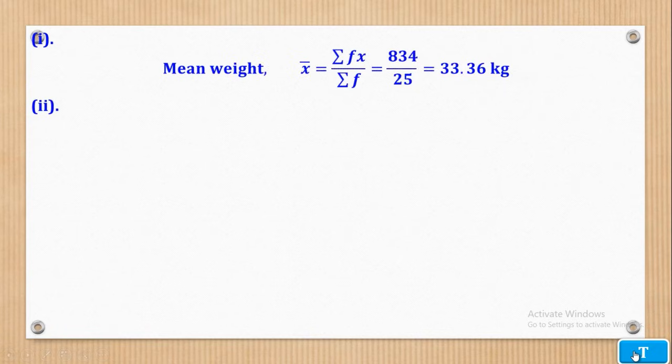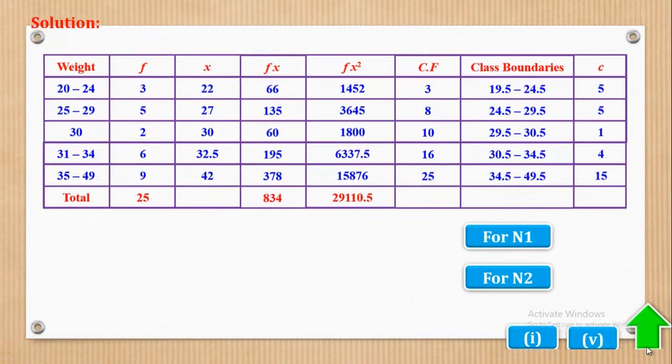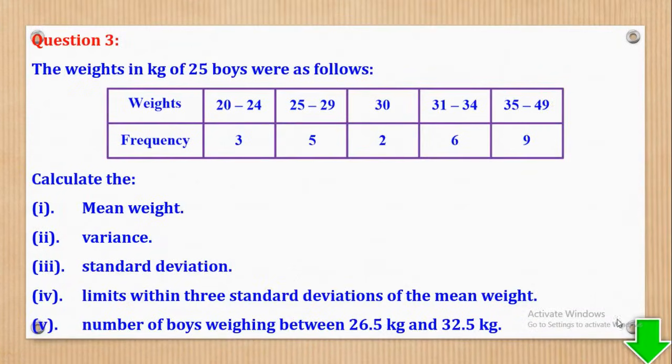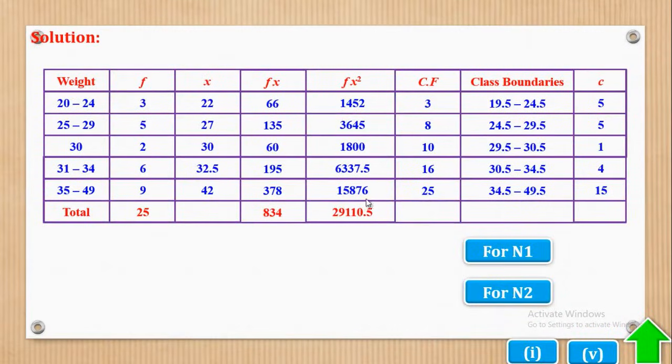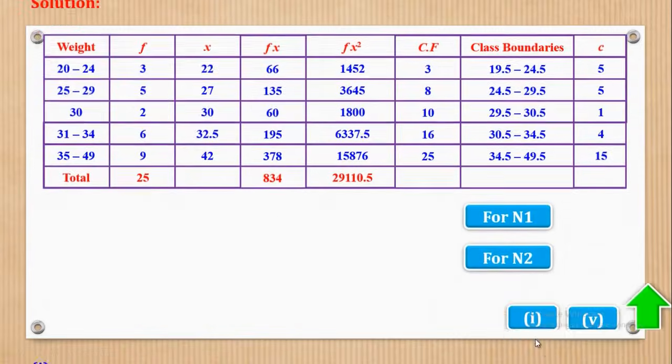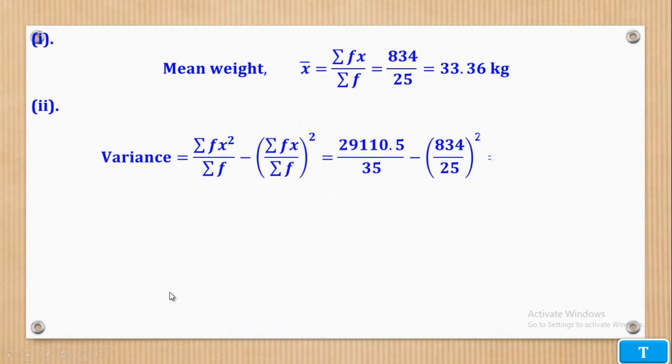Then Roman 2, they want variance. So for variance, we need this total for fx squared. Quote the formula, substitute, and get the output, and that will be the variance.